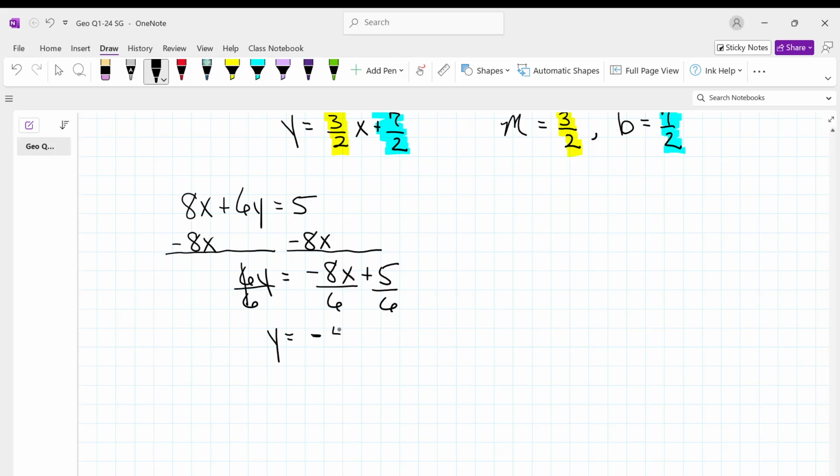So we get negative 4/3 x plus 5/6. That is your equation in slope-intercept form. The slope is equal to negative 4/3. And the y-intercept is equal to 5/6.